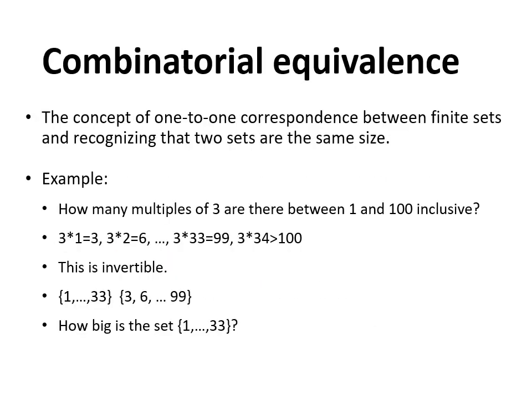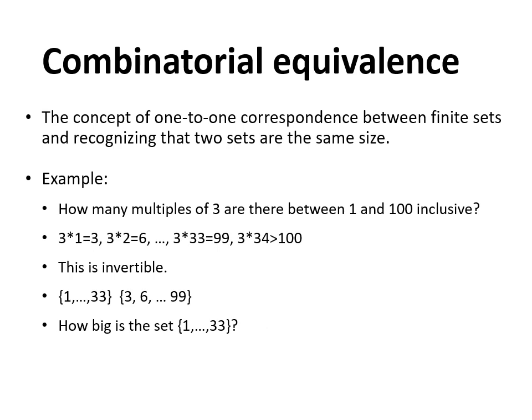Now we'll introduce the concept of combinatorial equivalence, which tells us about one-to-one correspondence between finite sets and recognizing that 2 sets are the same, meaning that they have the same number of elements. So here's a simple example that illustrates combinatorial equivalence. The question is how many multiples of 3 there are between 1 and 100 inclusive.